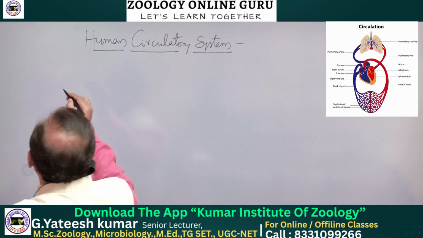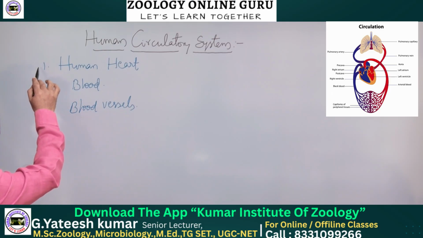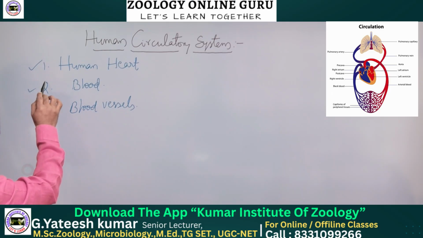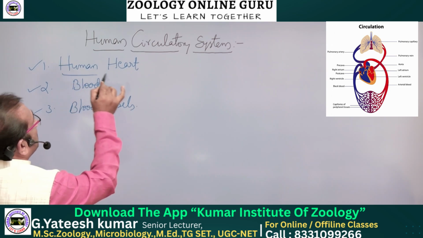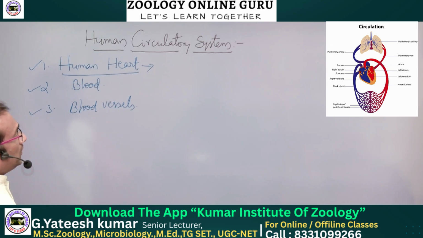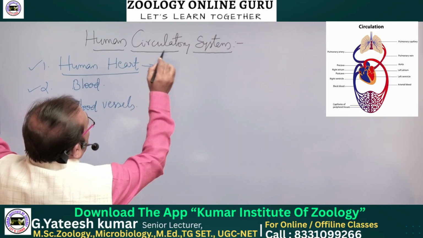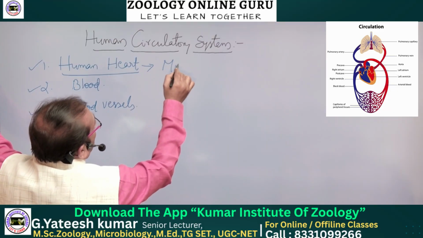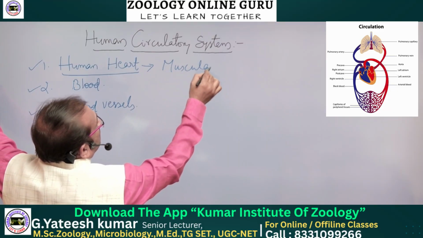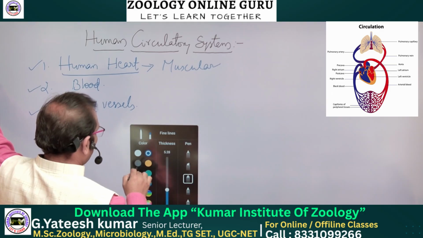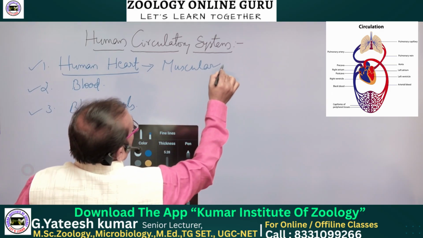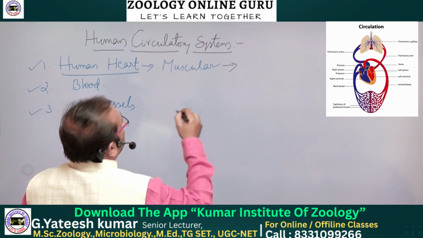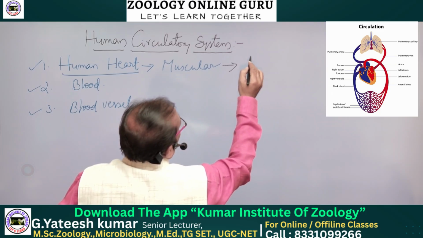So in this topic we are going to discuss first the human heart, second the blood and third the blood vessels. The first topic is human heart. Human heart is a muscular organ. And the muscles present in the human heart are known as cardiac muscles.